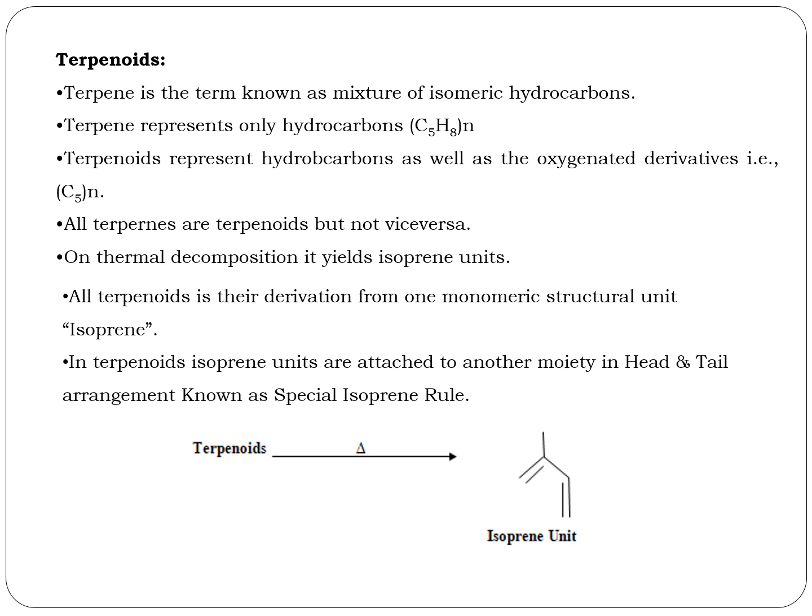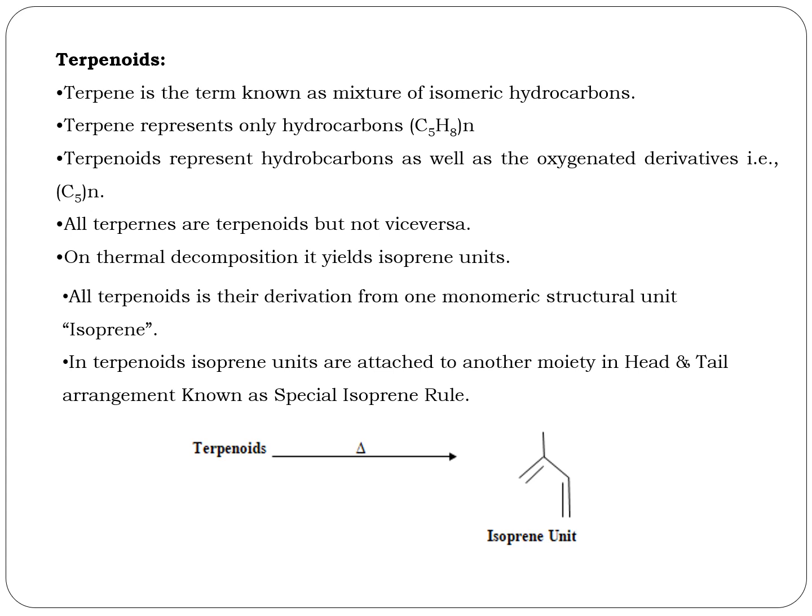Let us see the introductory phase of terpenoids. Terpene is the term known as a mixture of isomeric hydrocarbons. Terpene represents only hydrocarbons, (C5H8)n. Terpenoids represent hydrocarbons as well as oxygenated derivatives. All terpenes are terpenoids but not vice versa. On thermal decomposition, they yield isoprene units.